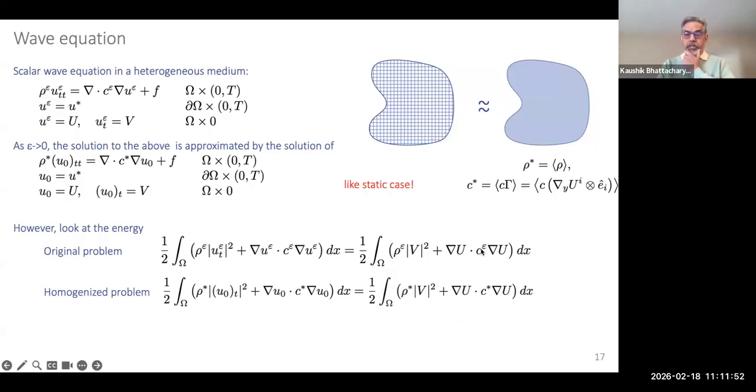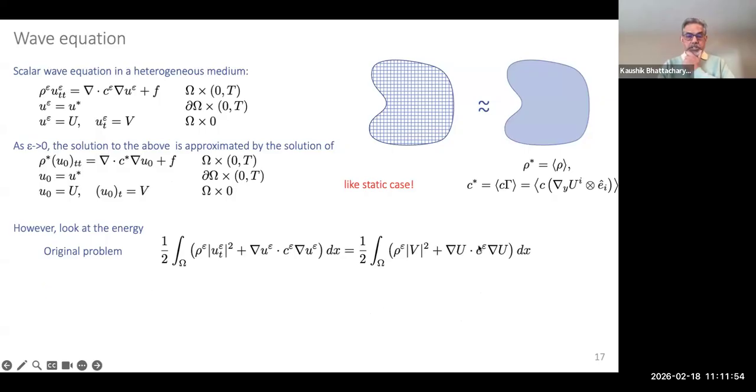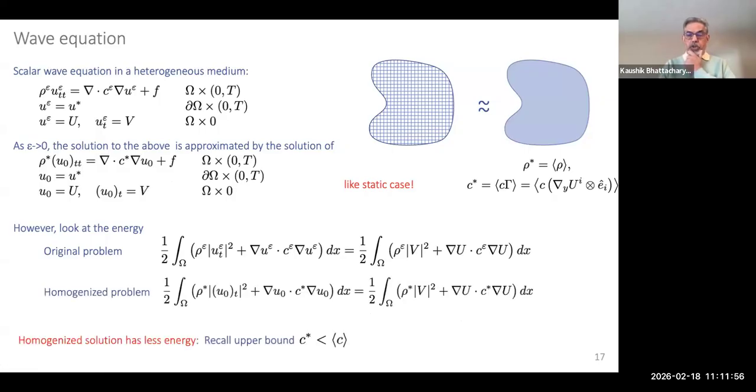However, you know that, if I have some kind of uniform initial condition, so gradient U is uniform, this is nothing but the volume average conductivity or elastic modulus.